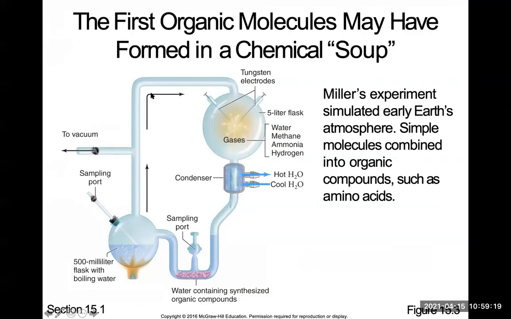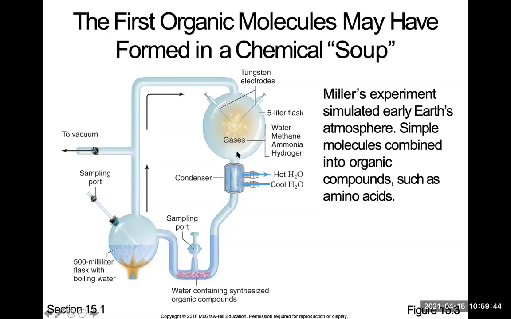So what he did, he created this experiment. He got some water that might have come to Earth from the meteorites or the ice comets, and then he started to boil it with a flask. That's kind of showing a volcano there. Volcanoes created a hot environment on Earth.